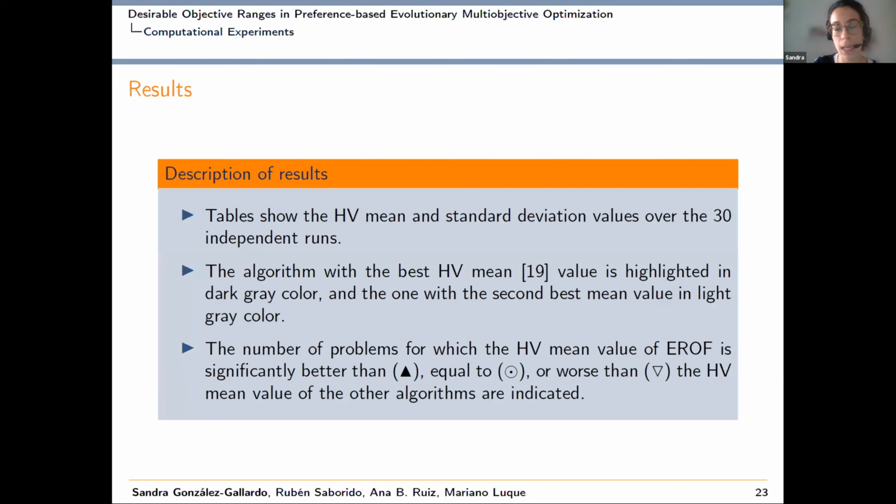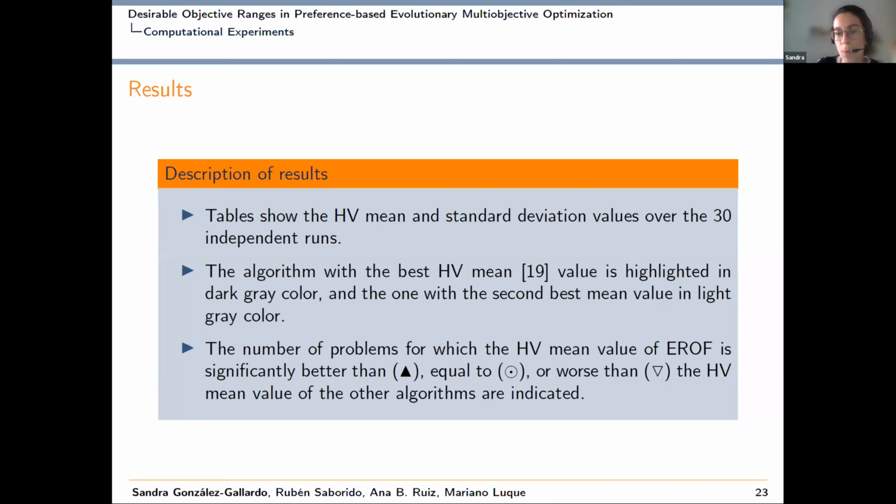So in the following tables, I show you the results of the computational experiment. In these tables, we show the hypervolume mean and the standard deviation values over the 30 independent runs. The algorithm with the best hypervolume mean is highlighted in dark gray, and the second best mean value in light gray.